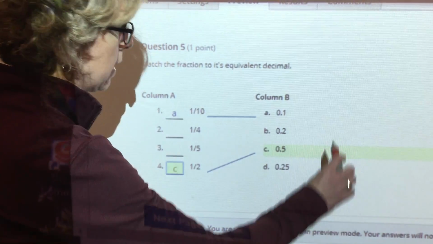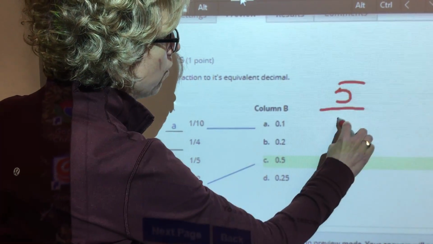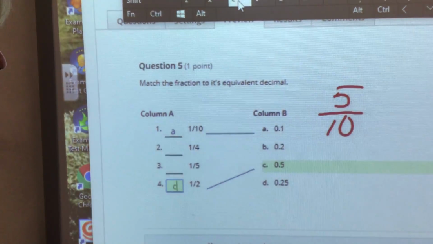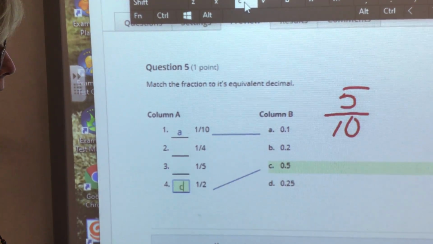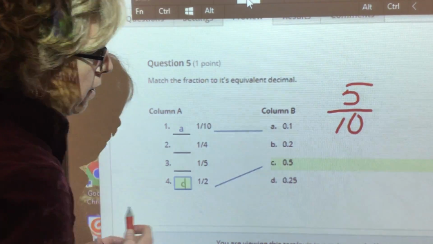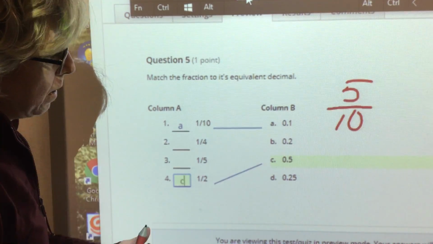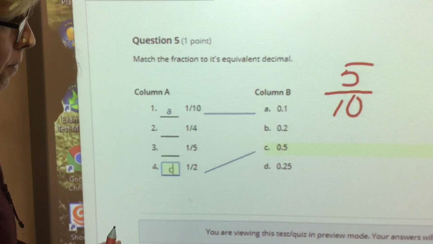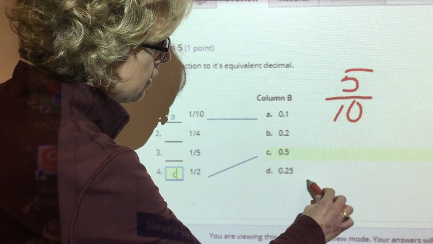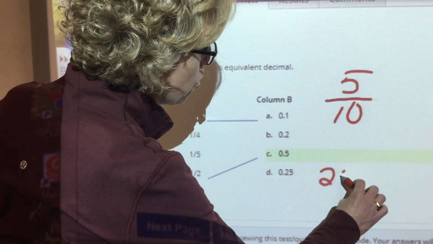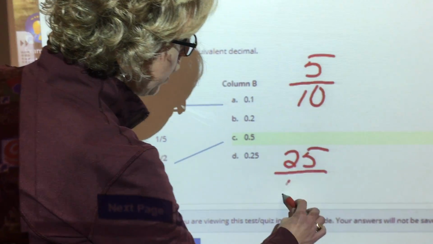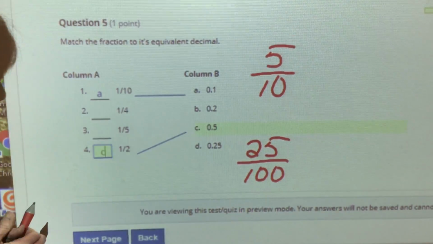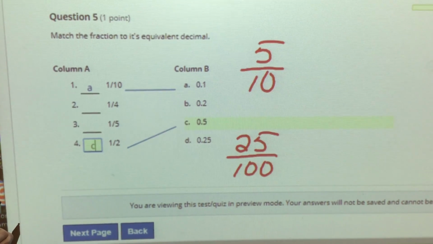5/10, if I were to write that as a fraction, it's 5/10. We know that is 1/2. Okay? If I look at these other decimals, I'm going to take a minute and look at D. We've talked about that in terms of money. If I were to write that as a fraction, that would be 25/100. And then looking at that fraction, I know I can simplify that.